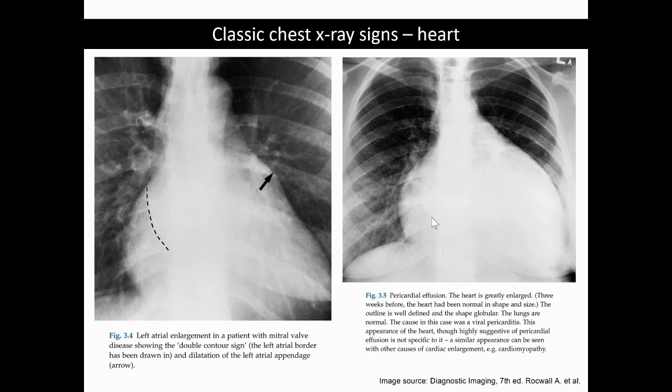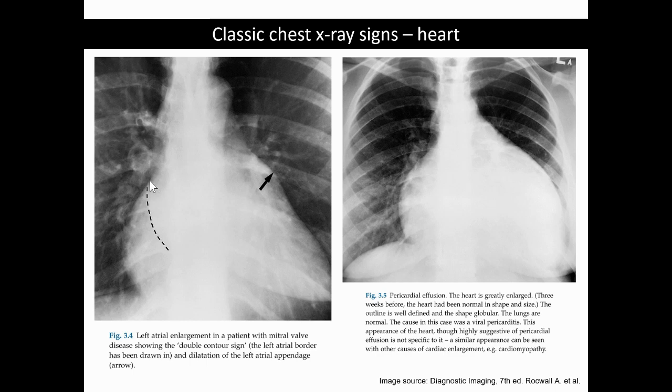Let's focus on the heart for a couple seconds. The heart has a typical shape as you have seen it about 10 slides back. Now, if there is left atrial enlargement, then instead of being concave, the left atrium becomes convex, so it's pointing or curving outwards from the hila.